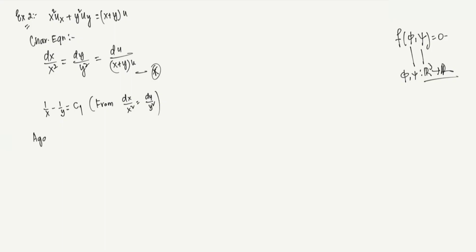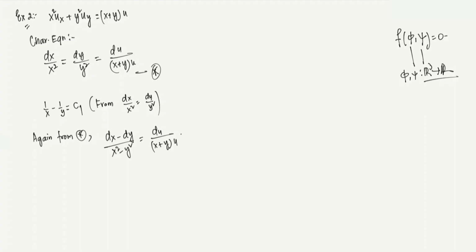Again, from star, what do we get? We get dx minus dy. If you remember your simple algebra, (dx minus dy) by (x square minus y square) can be written as du by (x plus y) times u.